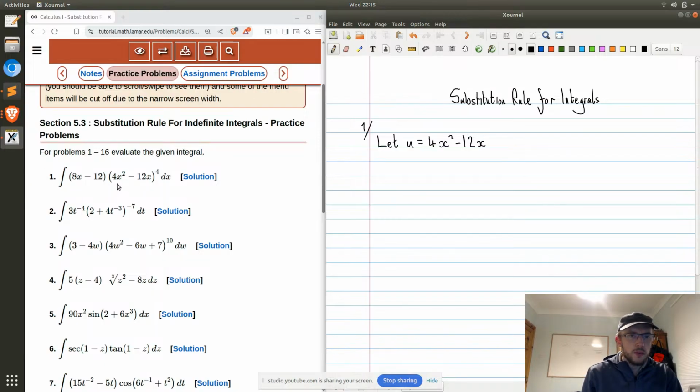Let u equal 4x squared minus 12x. Then du equals 8x minus 12 dx.